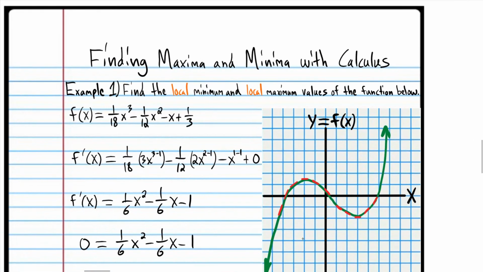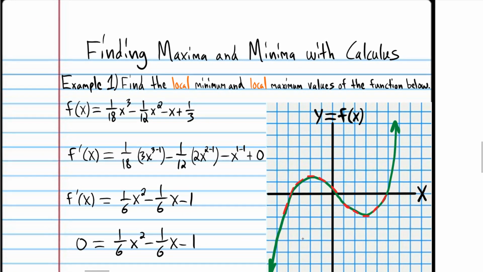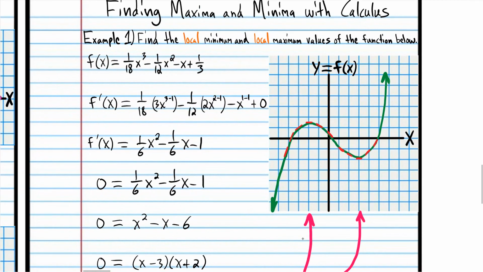As I mentioned at the beginning of the class, this is the most important application of calculus. In this example, we want to find the local minimum and the local maximum values of the function. And this is the function here, and its graph is drawn over here. So here's how we use calculus to find the maximum and minimum values of a function.